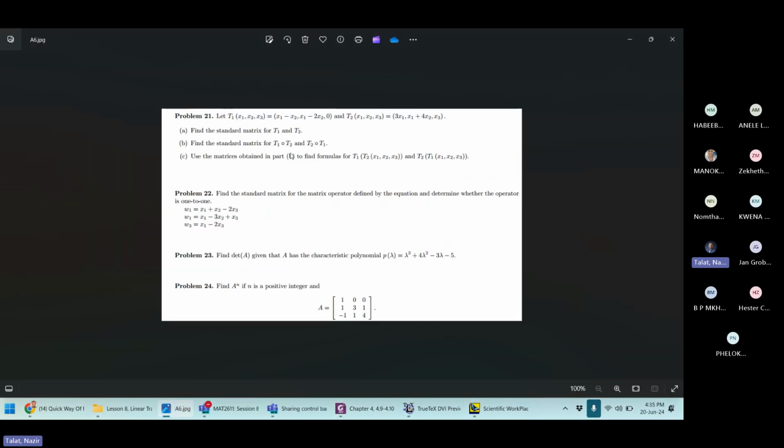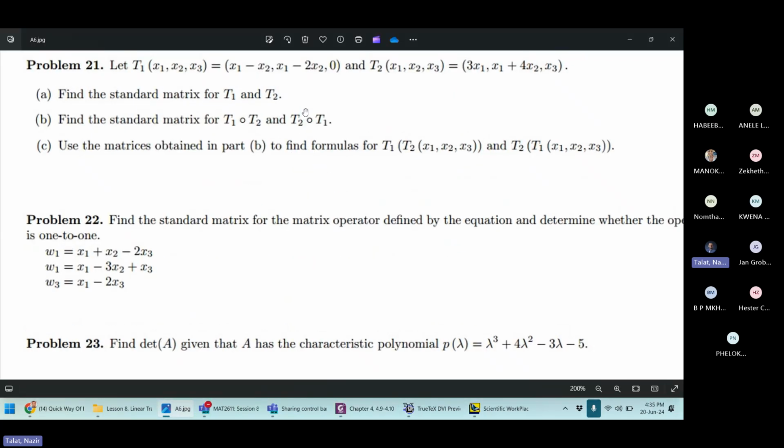So if you look at some questions regarding the assignment problems, like if T1 is an operator from R3 to R3, and T2 is also an operator from R3 to R3 defined in this way, then find the standard matrix for T1 and T2. So it's not difficult. For example, we know what the standard basis of R3 is. If you put 1, 0, 0, then you will get the first row of the standard matrix of T1.